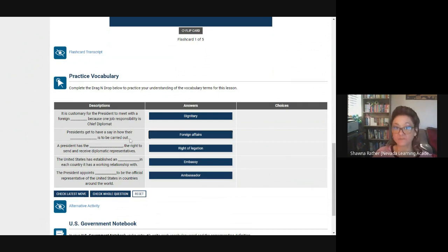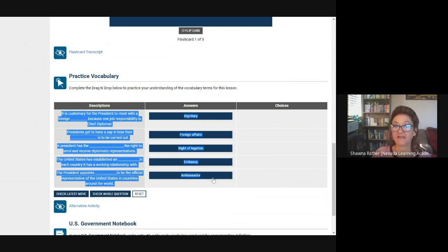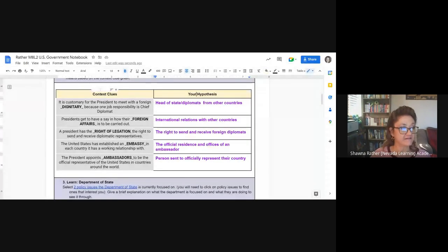Now remember, I also said you can highlight and then Control C for copy, and then come over here and then Control V for paste, right? And there's your context clues. On the right-hand side, remember it says you have to have it in your own words, not Google.